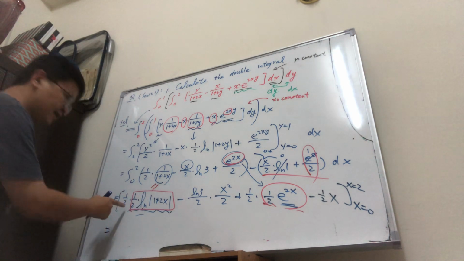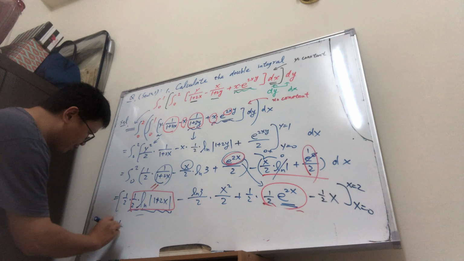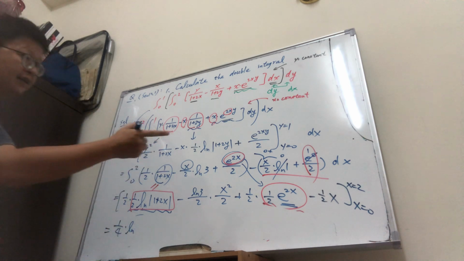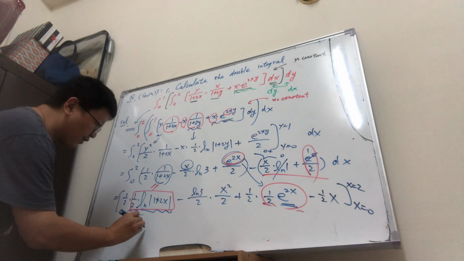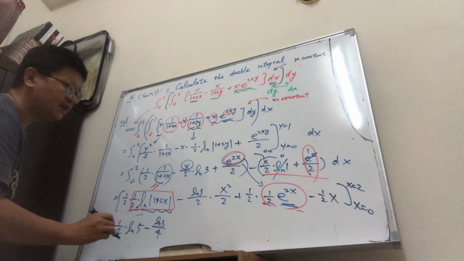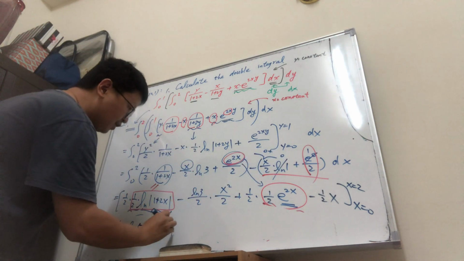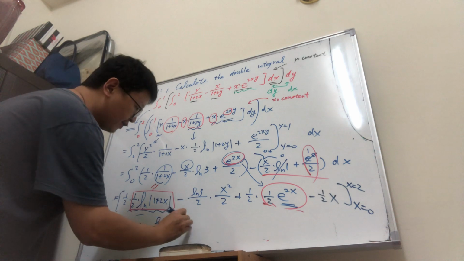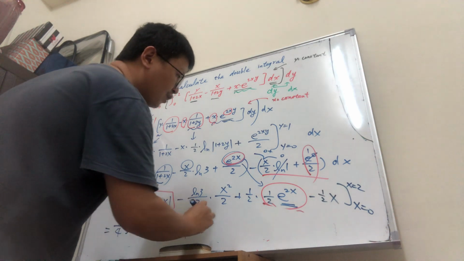So finally, from 0 to 2, plug in. It is 1 over 4 times natural log. Plug in the value 2, so it's 1 plus 4, natural log 5. Subtract natural log 3 over 4 times 2 squared is 4, times 4, plus 1 over 4 times exponential to the power of 4.